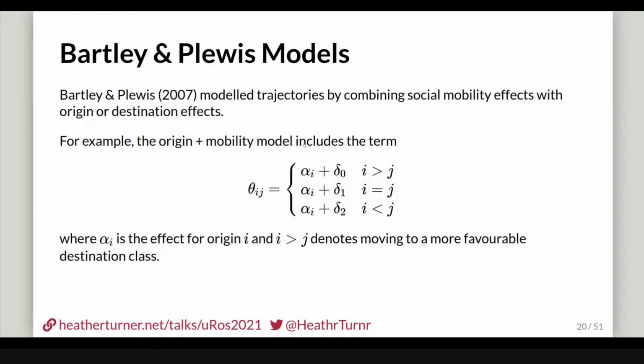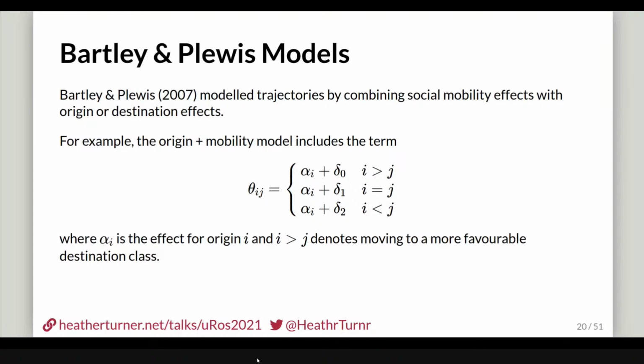Delta 0 is if they were moving to a more favourable class from 1991 to 2001. Delta 1 is if they were in the same class in the 2 censuses, and delta 2 is if they moved to a less favourable socioeconomic class.